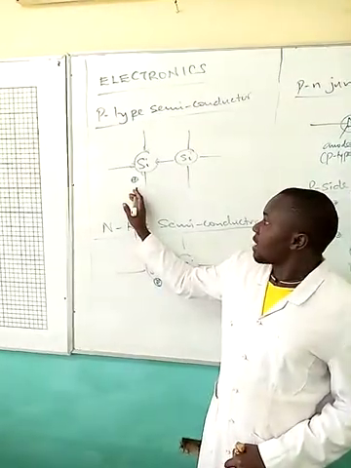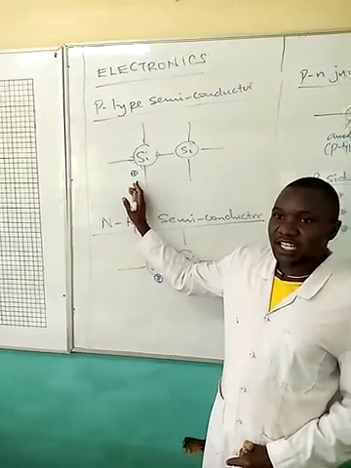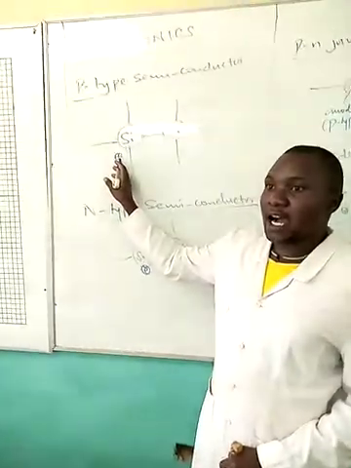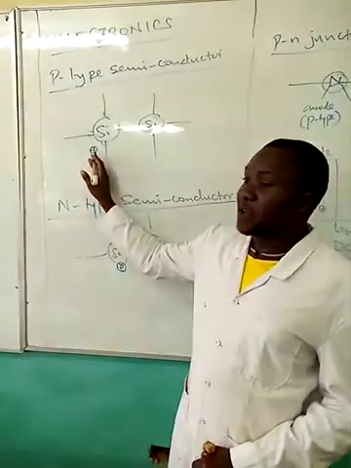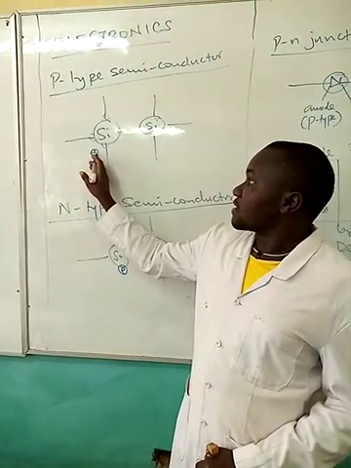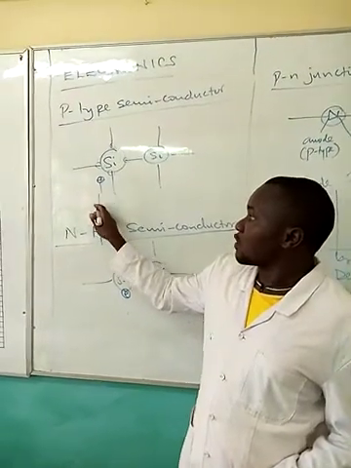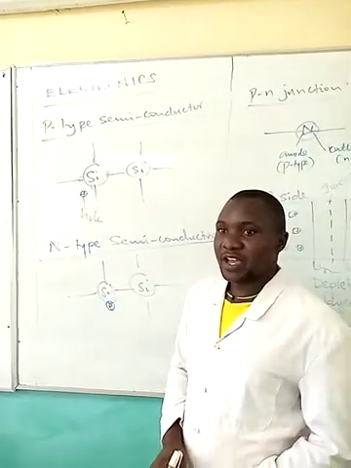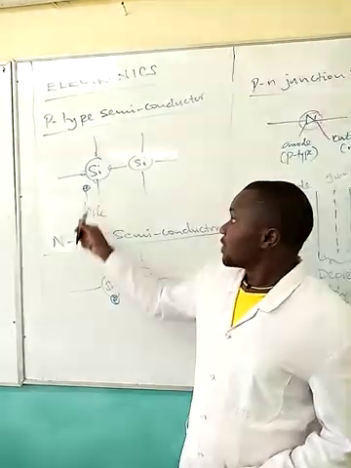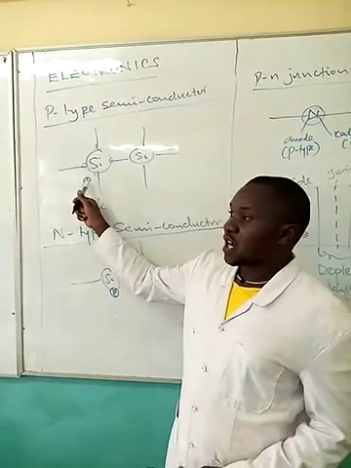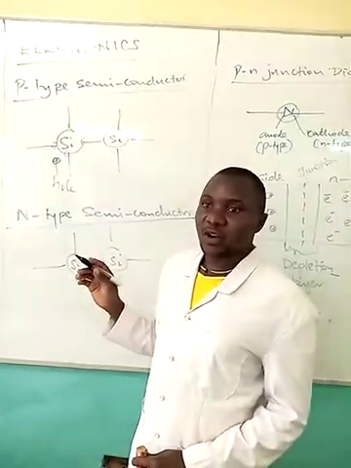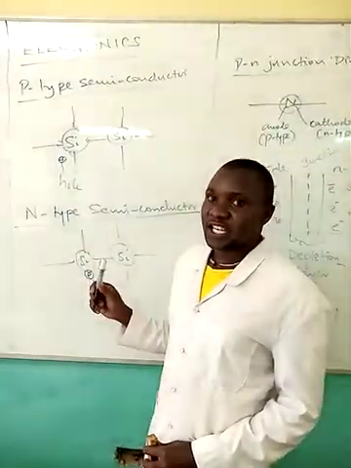The absence of an electron, the fourth electron in boron, will make it do what we call kind of borrowing. That is, the absence will create something called a hole, and a hole is normally treated as a positive charge. So that absence of an electron, which we call a hole, will now be responsible for the electrical conductivity here.